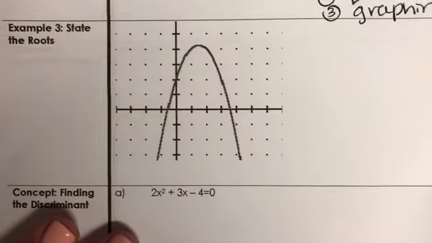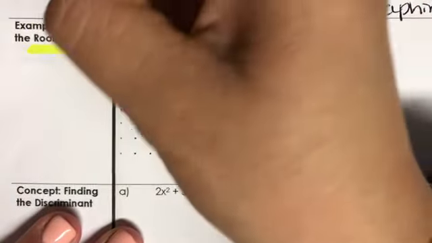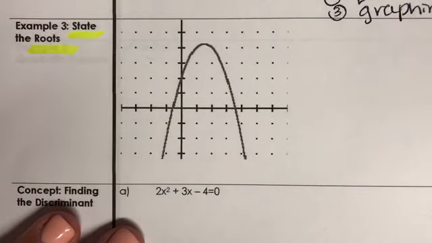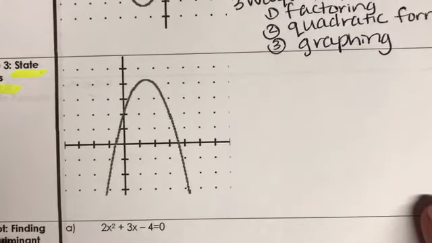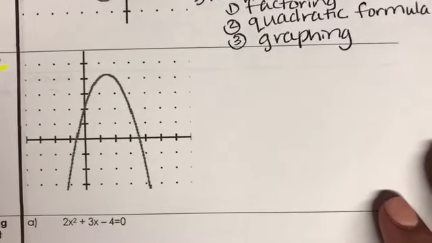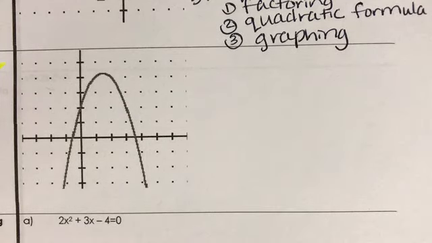Now, the next example is simply asking you to state the roots. Again, however you want to state the roots is going to be up to you or the instructions that you're given.